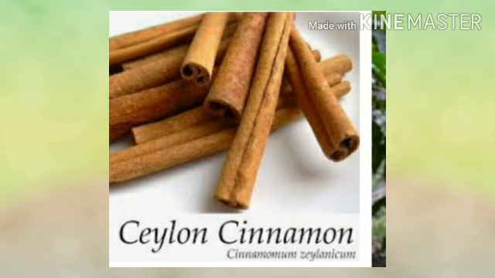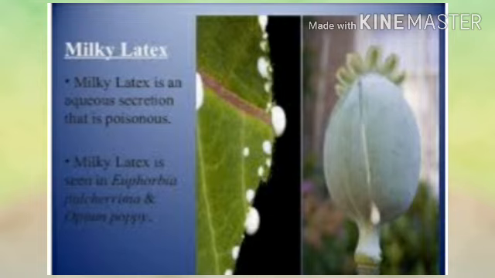Tannin-rich bark is used in dyes, that is for coloring. You must know, apart from simple and complex tissues, there are some special tissues found. They are lactiferous tissues and glandular tissues.